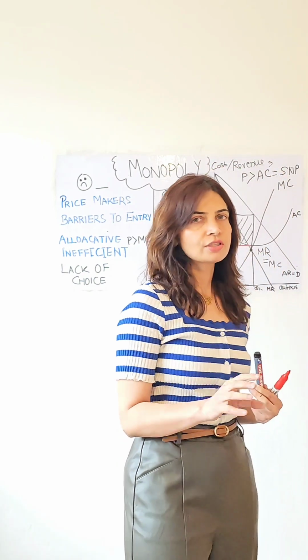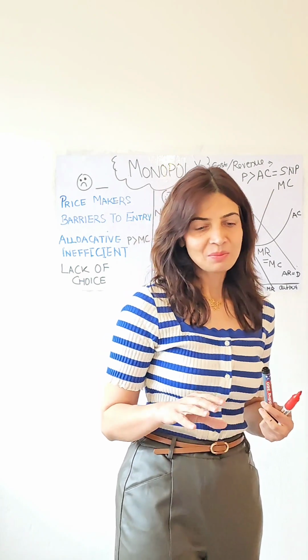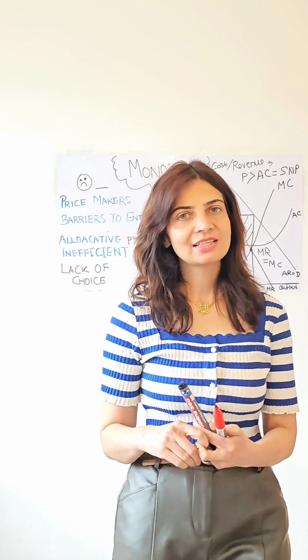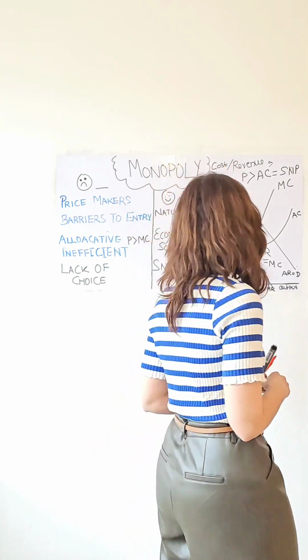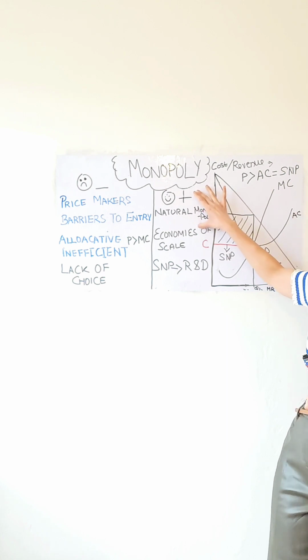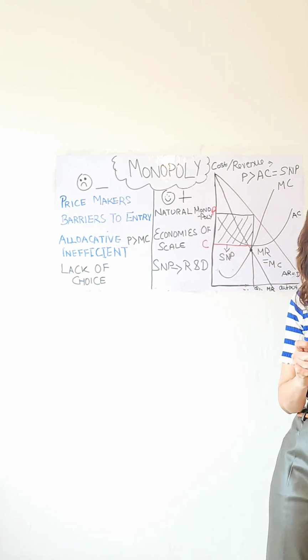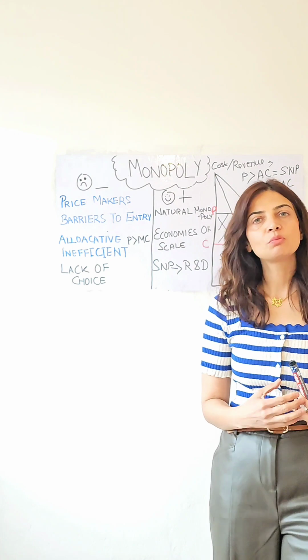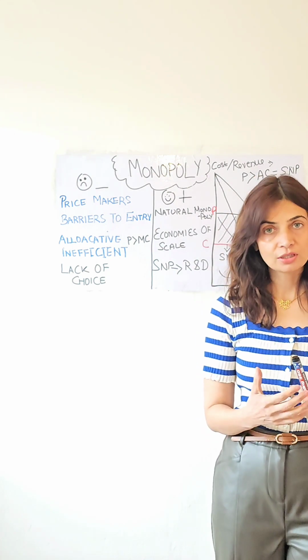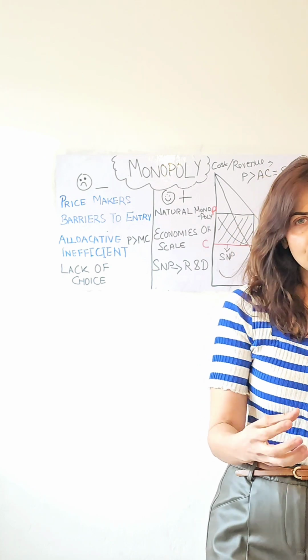However, not everything is lost, meaning monopolies have some positive sides to them as well. So let's have a look at that too. Now, when we are thinking about monopolies, we want to understand that not every industry should have many sellers in the market. Some industries are highly specialized, they have a high fixed cost.